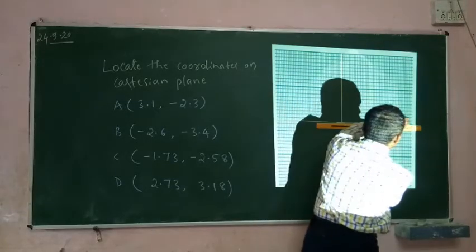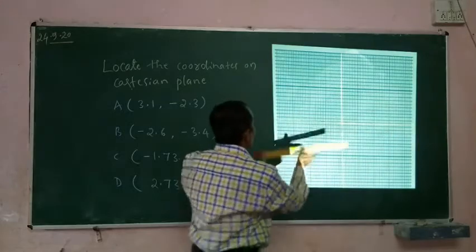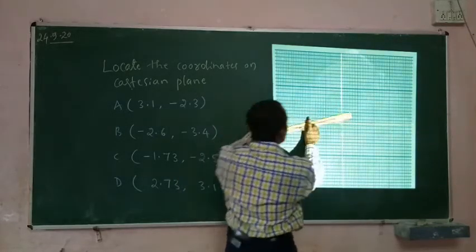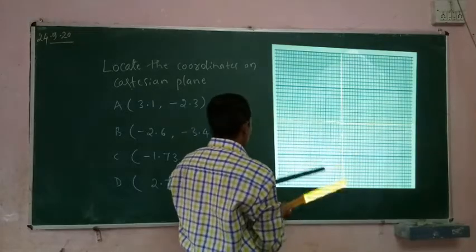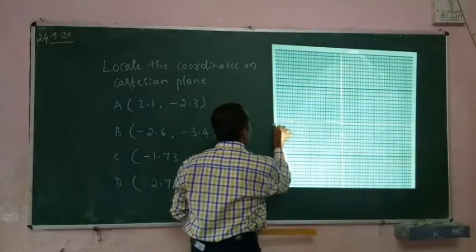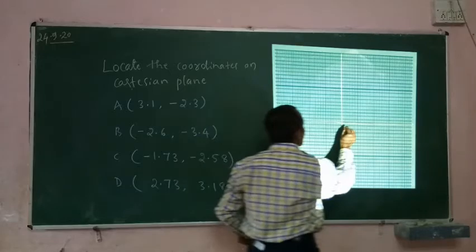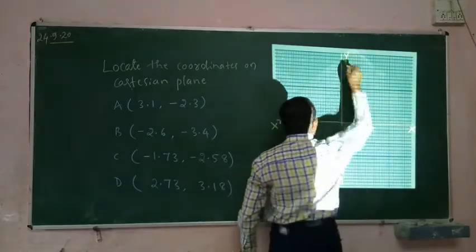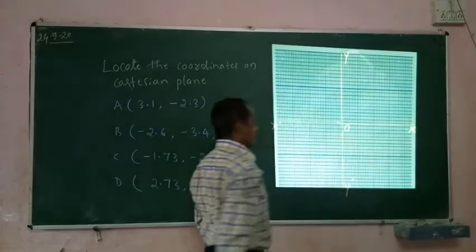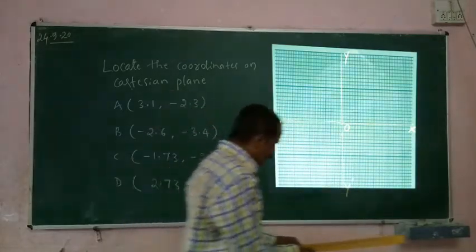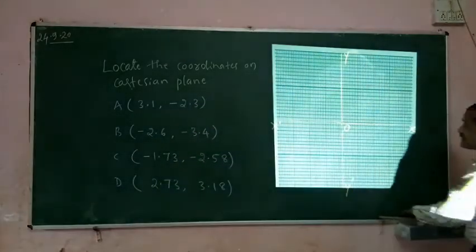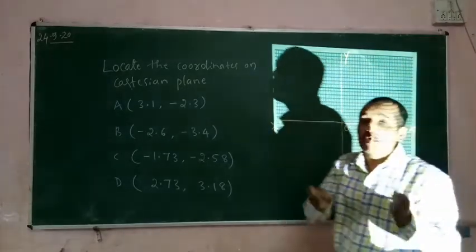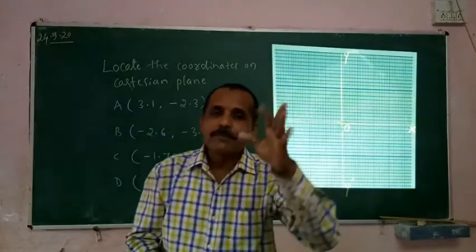I will call this x dash, O and x. This is y, O, y dash. Now this is the millimeter graph. Whatever graph, my dear children, you are using is also a millimeter graph.